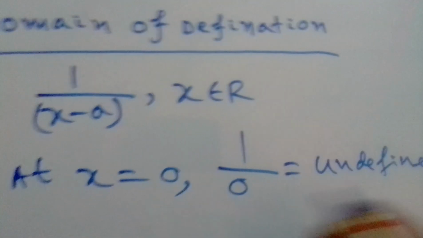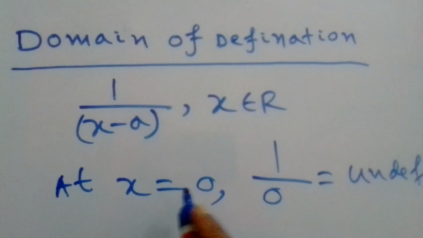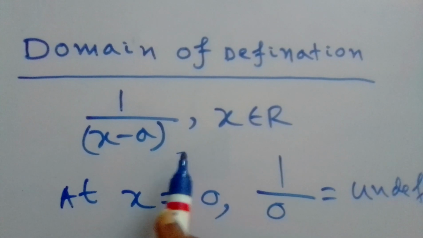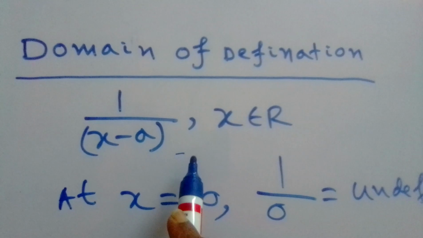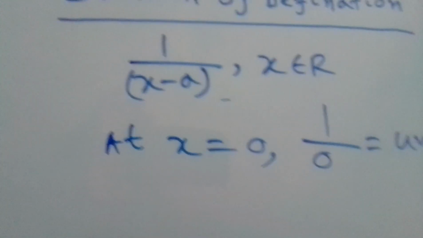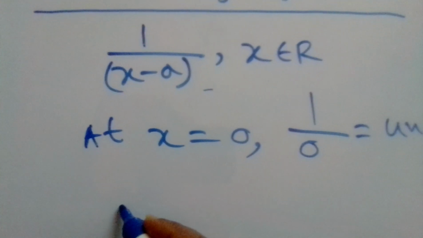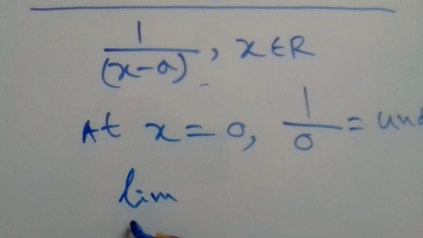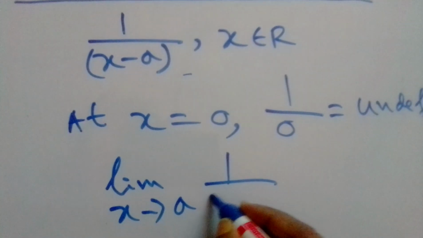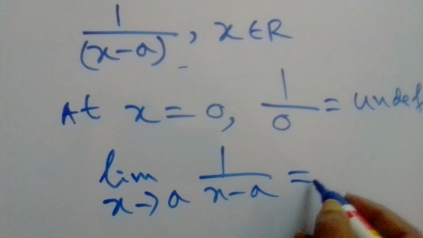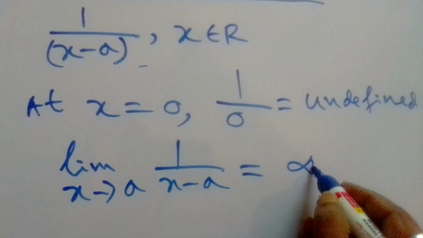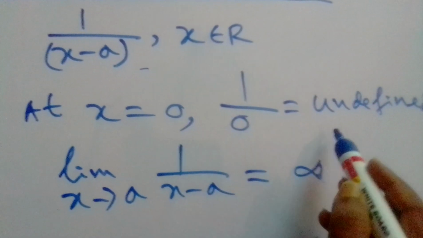So it is the undefined case 1/0, and it tends to infinity, but except this point we consider the cases outside it. It is called a singularity. If we take the limit as x tends to a of 1/(x-a), it certainly goes to infinity. That's a limiting case. The limiting case goes to infinity, and the 1/0 case is undefined.